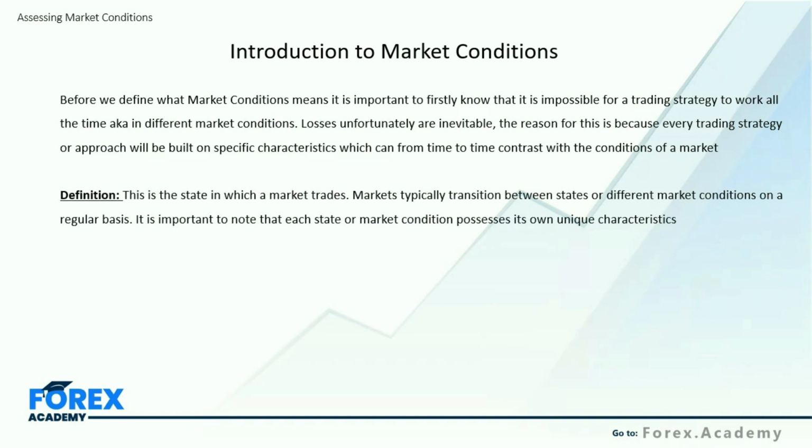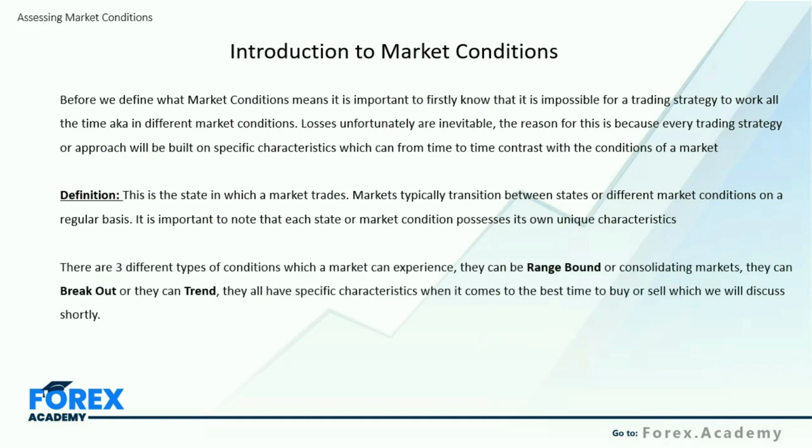Markets typically transition between states or different market conditions on a regular basis. It is important to note that each state or market condition possesses its own unique characteristics, which we'll have a look at shortly. Now, there are three different types of conditions which a market can experience. I'm sure you're probably quite familiar with some of these terms, but they can be range-bound, also known as consolidating markets.